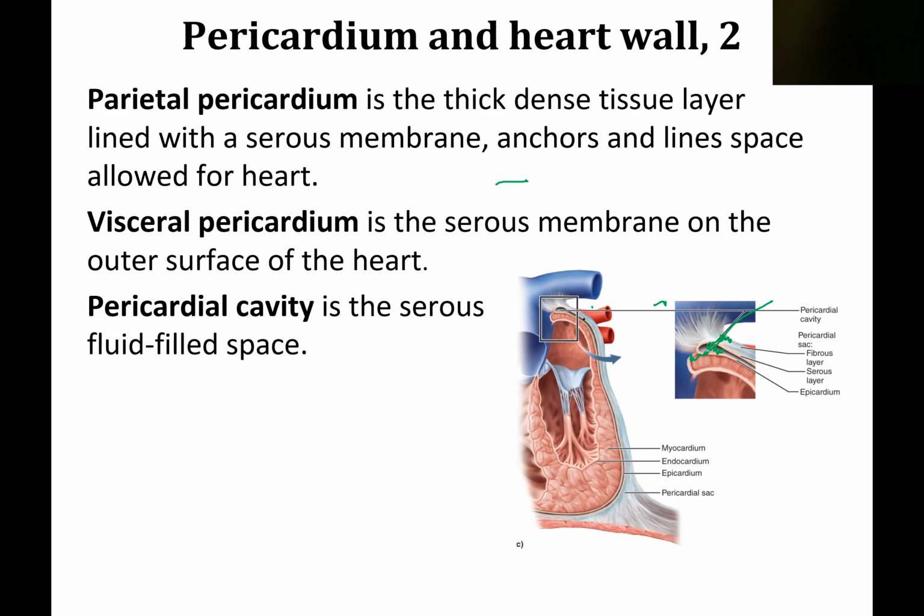A lot of times when there's trauma, it fills up that space. And so it limits the amount of space and it reduces how much blood the heart can propel. So we would have to go in and reduce that fluid volume, pull it out. So you have three components to the pericardium, three functions.